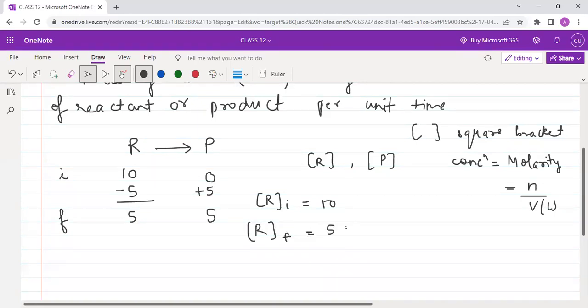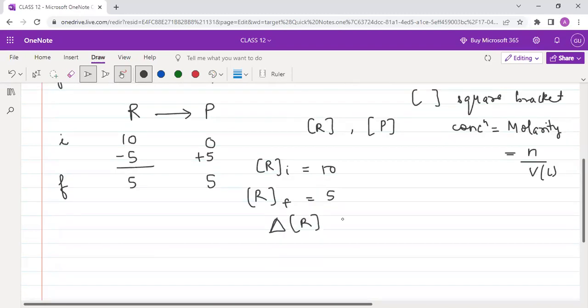Now we represent change with a delta sign. So this is the change in concentration of R. It will be final concentration minus initial concentration. So 5 minus 10 will give you -5. This minus sign indicates that the concentration of reactant is decreasing with time.